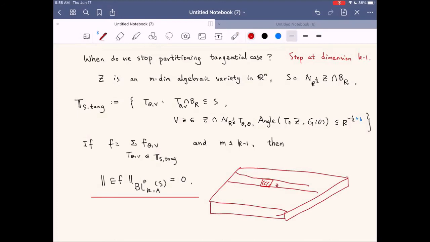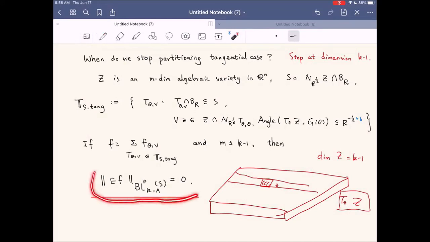So this Z, when Z has dimension small k minus 1, will be a good candidate for the V that we chose earlier.